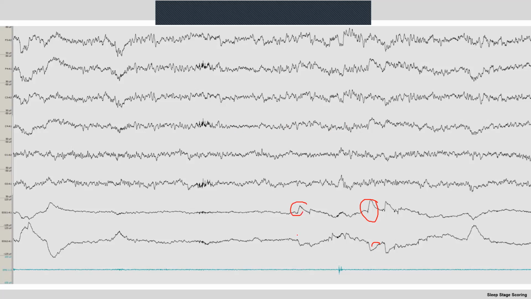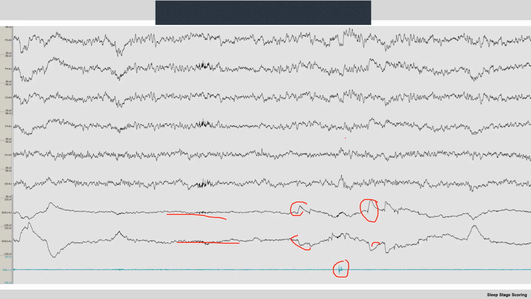You can see transient muscle activity, mainly present during phasic activity. Phasic activity means when rapid eye movements are present, and tonic activity is when rapid eye movements are not present. I will show you this center region.